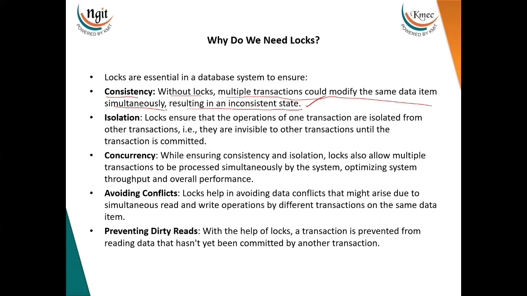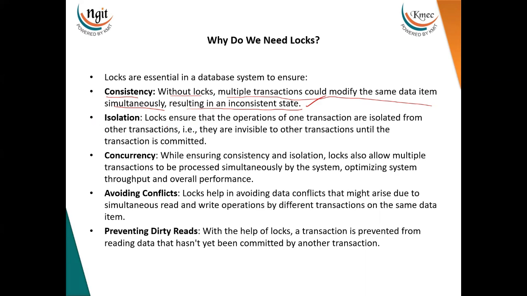Here, as we are talking about the log-based protocol, whenever a transaction is to be executed, it has to acquire logs. Without logs, what happens? Multiple transactions can modify the same data item at the same time. Then it leads to an inconsistent state.